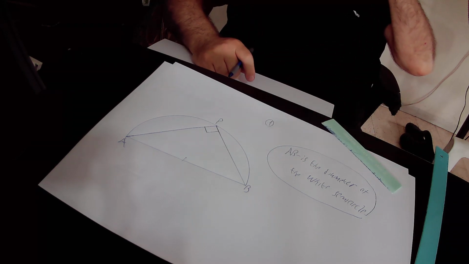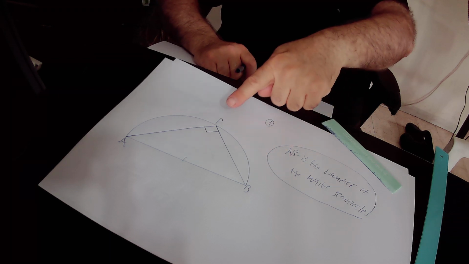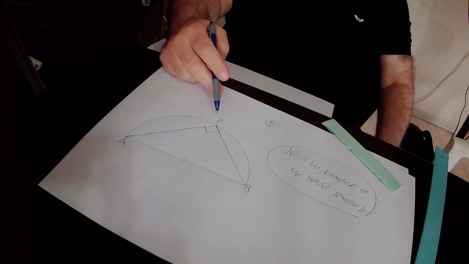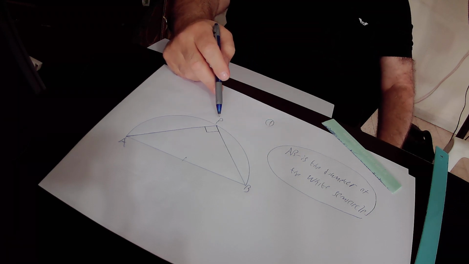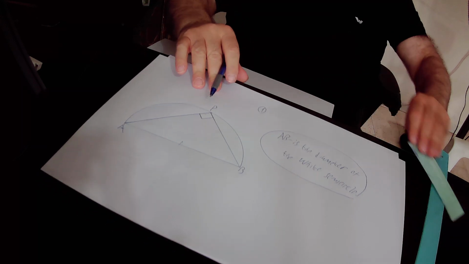So here, line segment BP is perpendicular to PA. Again, line segment BP is perpendicular to PA because this angle equals 90 degrees.